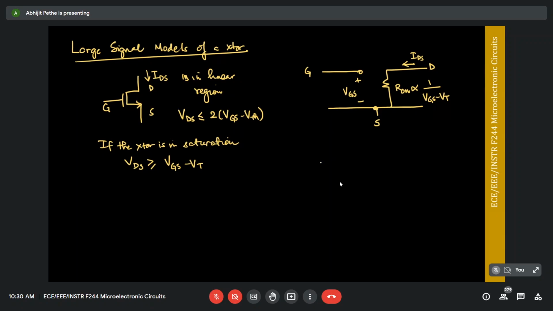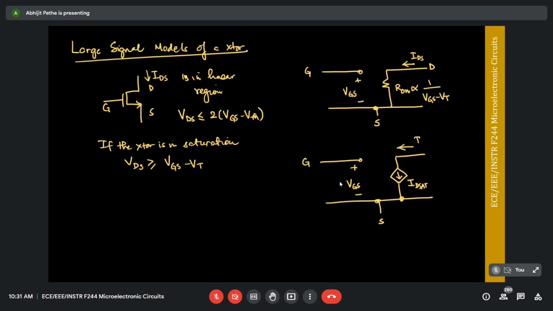Correct. So the way you would draw the model is, this is your gate node. You have a common source node, and the ideal model would look like this. There is a current source, ID_SAT.